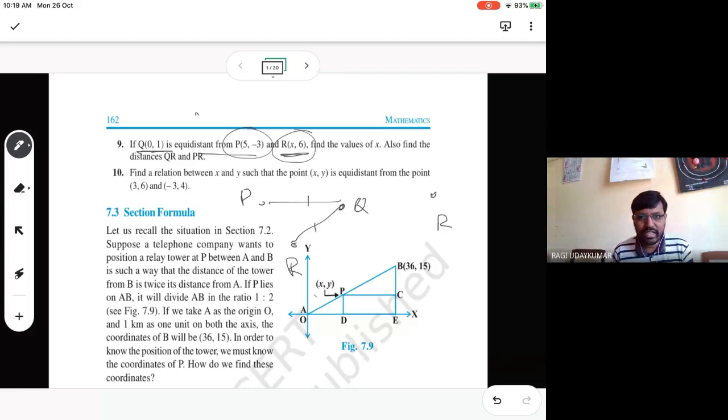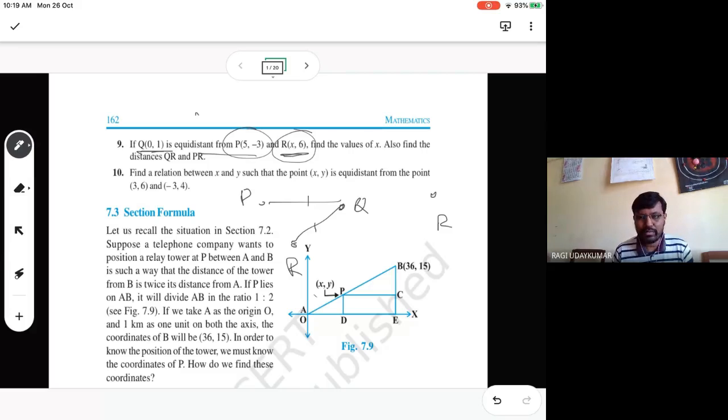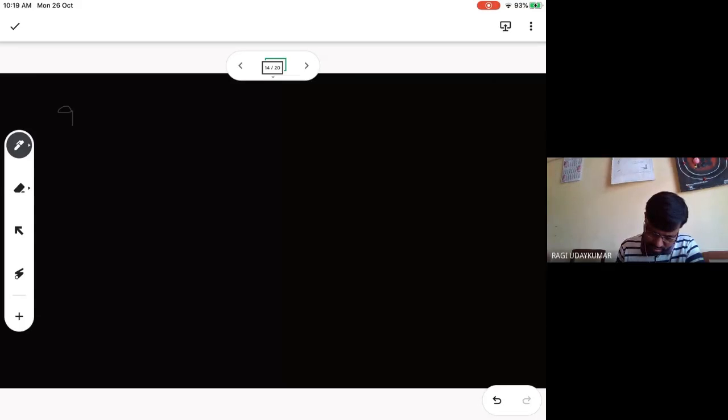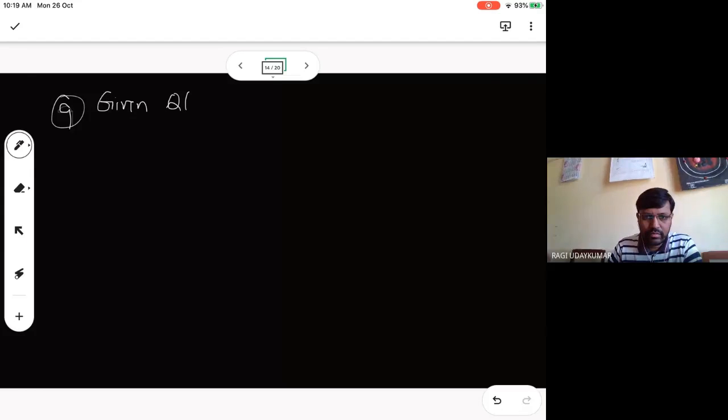Note down the points given to us. Q is the point (0, 1), P is the point (5, minus 3), R is the point (x, 6). So these are the points given to you. Let us find the value of x if the distance is the same. Question number 9: what is the Q point given to you?